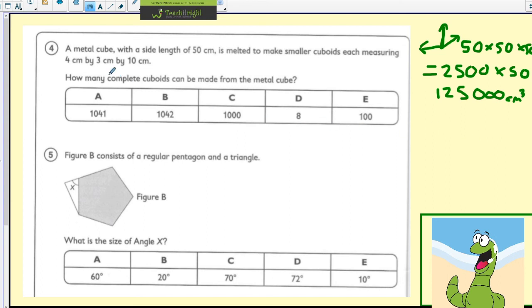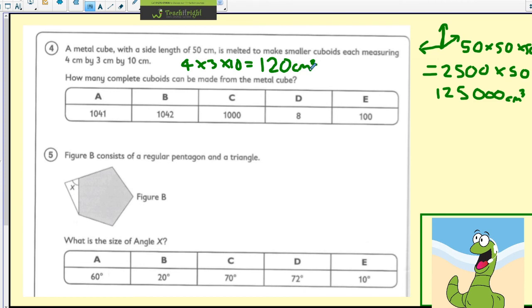So the volume of my metal cube that I started with is 125,000 centimeters cubed. And I want to make it into smaller cubes that are 4 by 3 by 10. So 4 times 3 times 10 is equal to 12 times 10, which is equal to 120 centimeters cubed.